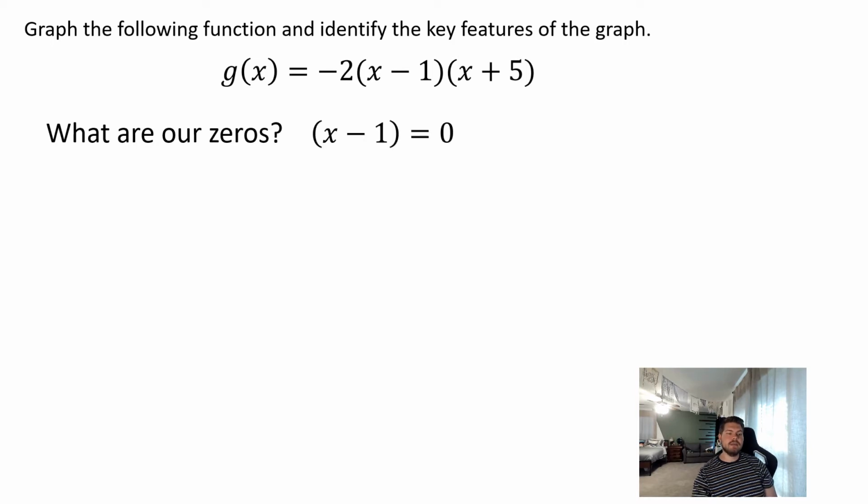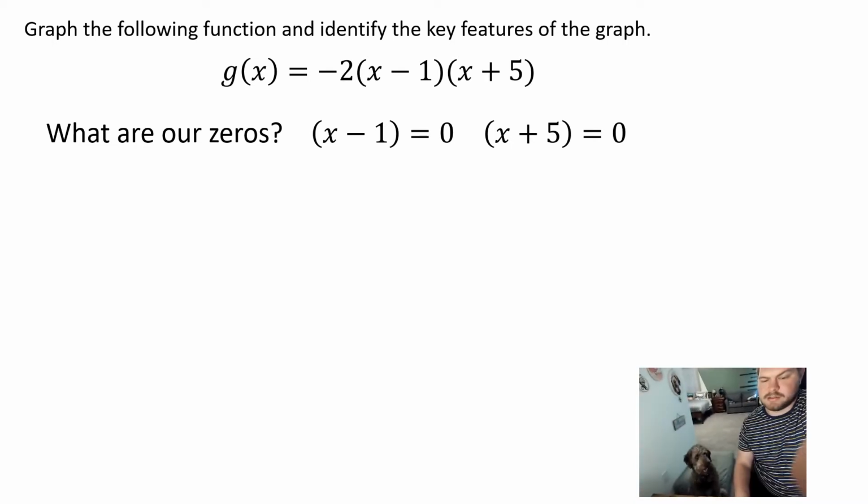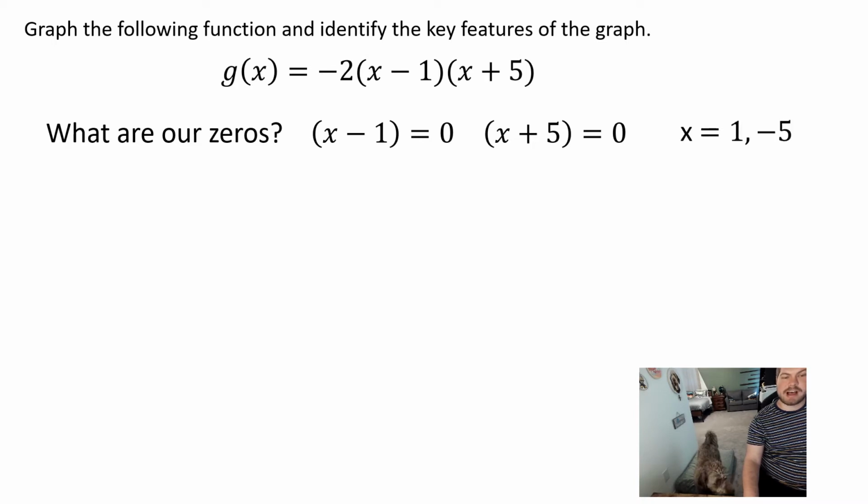So if I do x minus 1 equals 0, and x plus 5 equals 0, you'll see that if x was 1, because 1 minus 1 equals 0, or if x was -5, then you get 0 for both of these. Do you see how I got that?